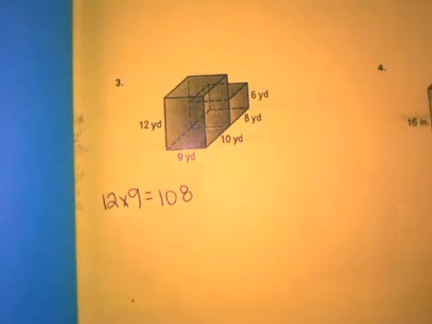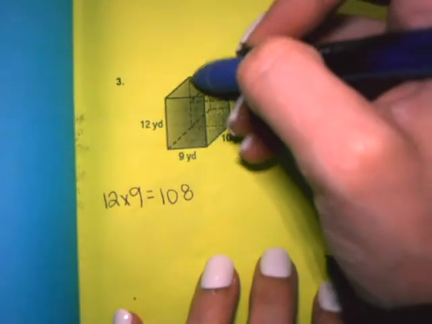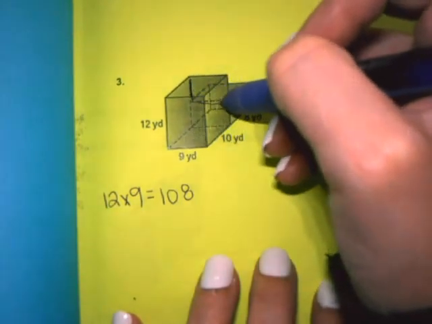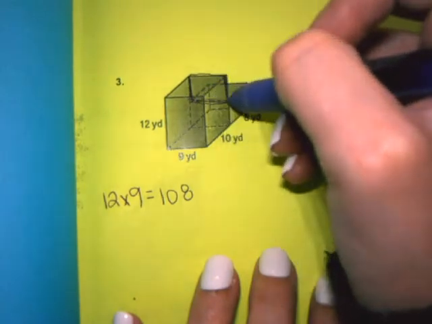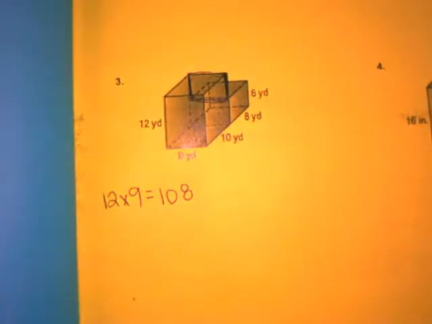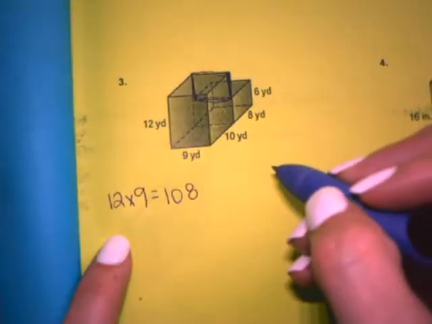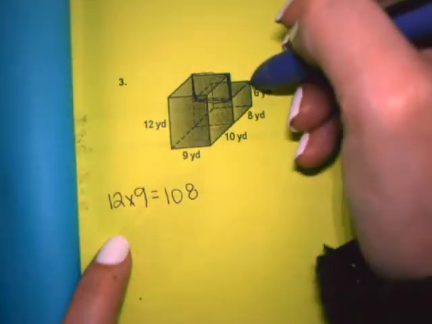So then if we were to do the area of the back, this rectangle right here, because there is still some back, it's just not a full one. How do we find the area of that back rectangle right there? What two things would we multiply together? 6 times 9. 6 is the height of that. Okay, I've got 6 right here.